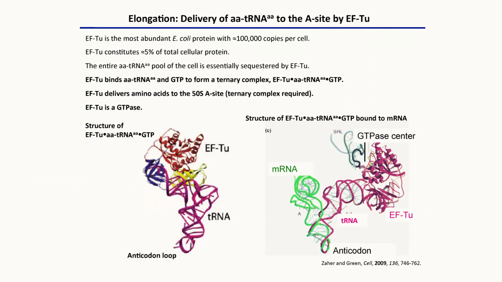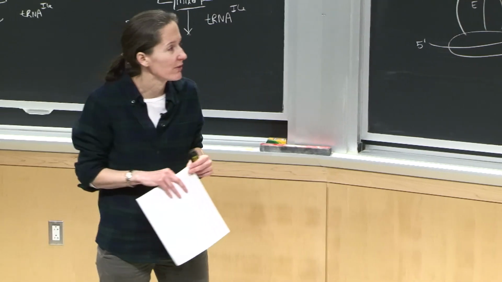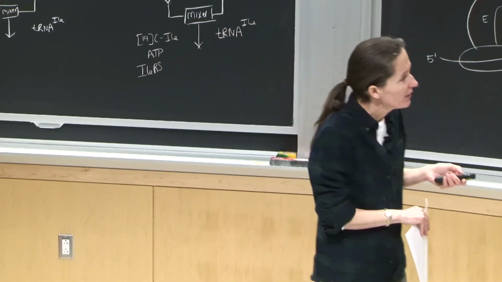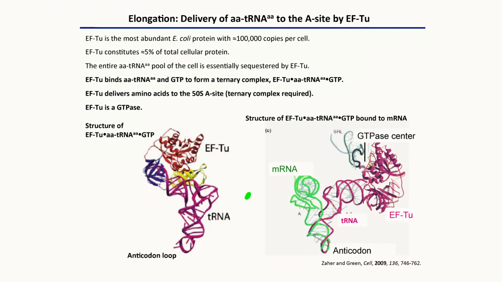So EF-Tu binds the aminoacyl-tRNA and it binds GTP to form the ternary complex. This allows EF-Tu to deliver these amino acids attached to the tRNAs to the A site. And it's a GTPase, and we need to think a lot about how this activity relates to its function and fidelity.